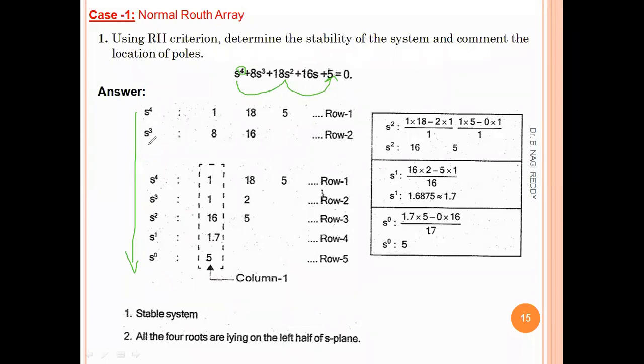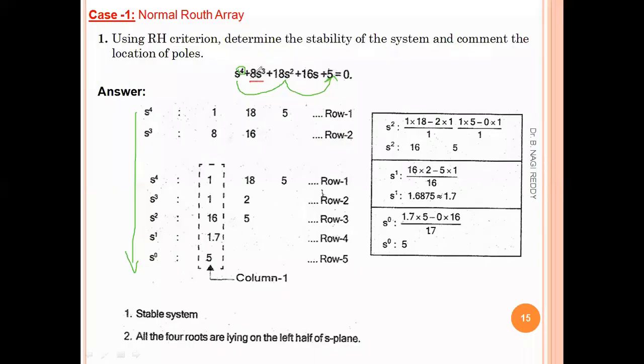And then how can we write the second row, which is s cube? From s power 4 we can start, right? So the s cube row. You can see we have missed a few terms. So now you construct this s cube row from these missed terms. The maximum power for the s cube row is s cube.